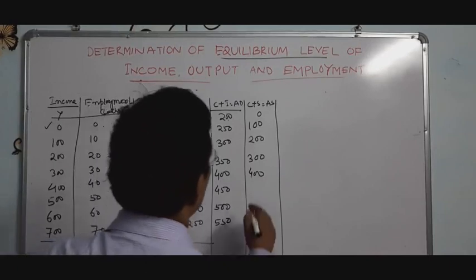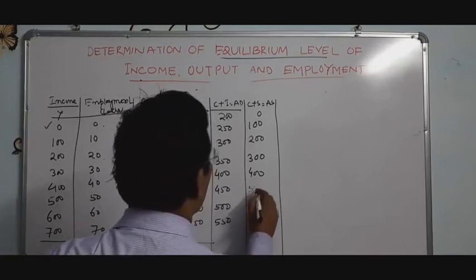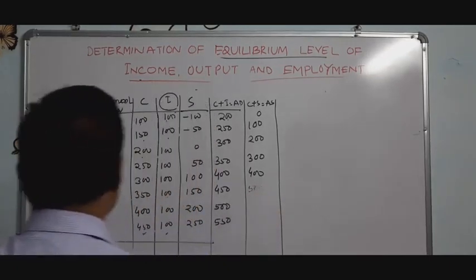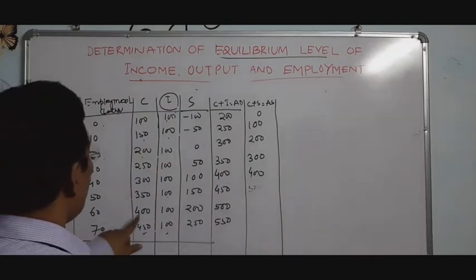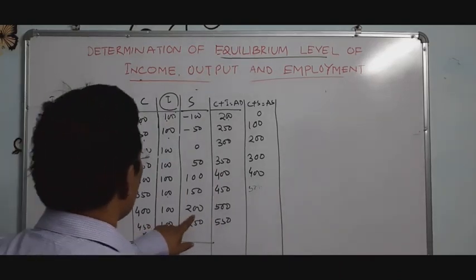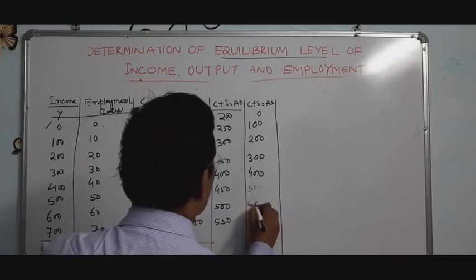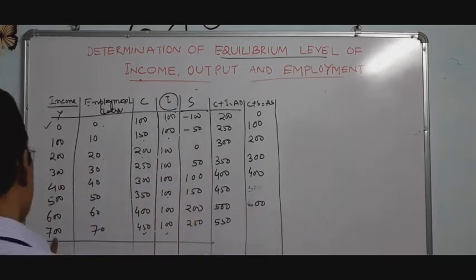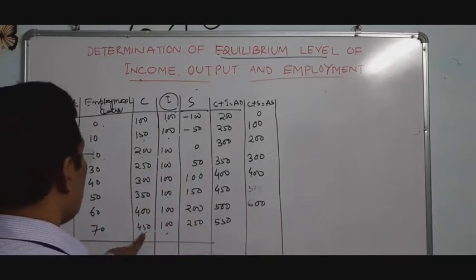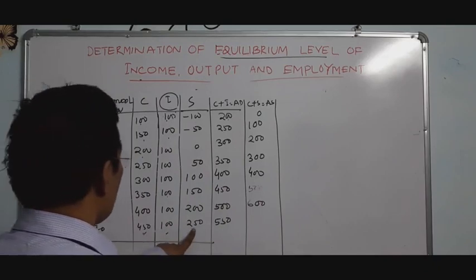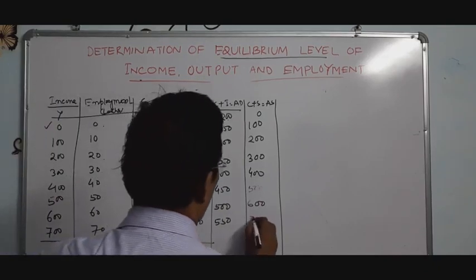At 600 level of income, consumption is 400, saving is 200, equal to 600. And at 700 level of income, consumption is 450, saving is 250, equal to 700.